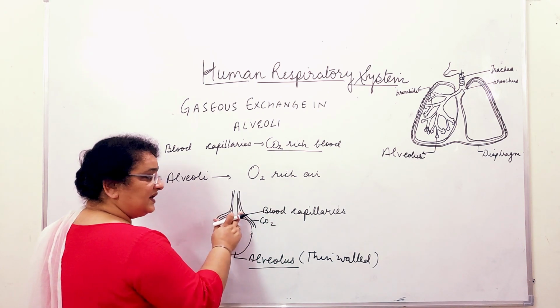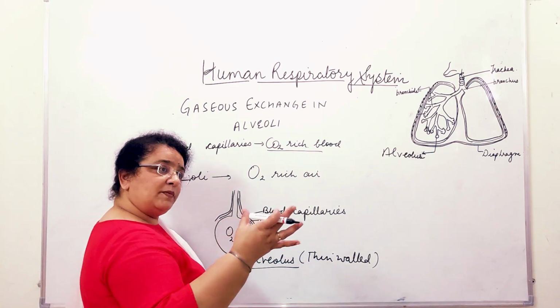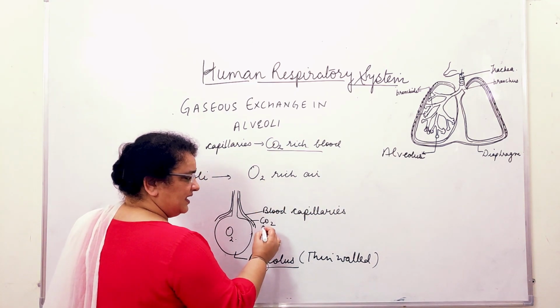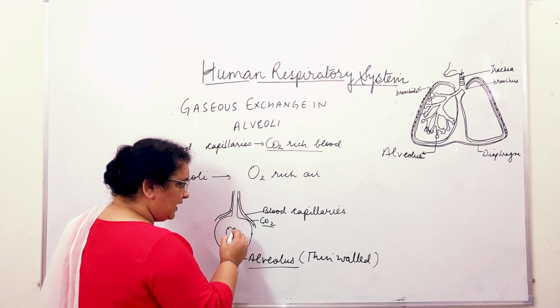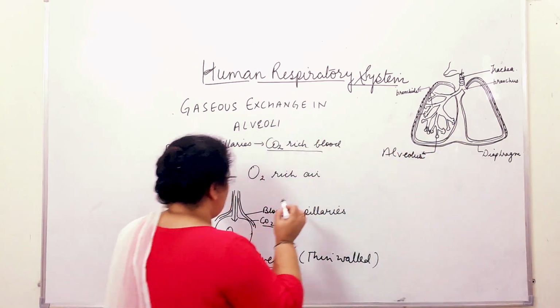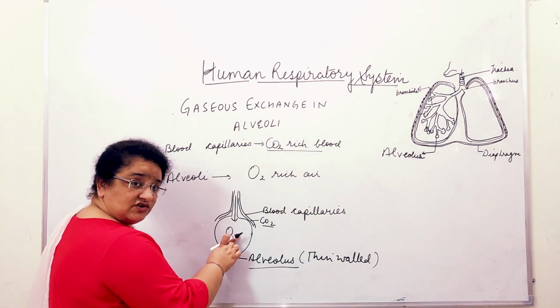Because of this thin wall, it is easy for oxygen to diffuse out and for carbon dioxide to diffuse in. Now these blood capillaries carry blood brought by the various tissues of the body, which is carbon dioxide rich. From the nostrils till the alveoli, we have received air which is rich in oxygen.